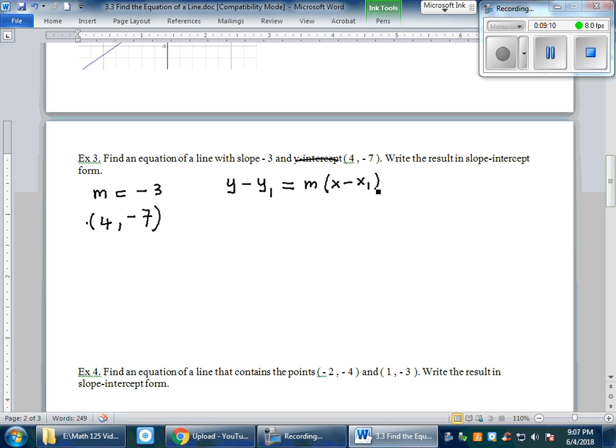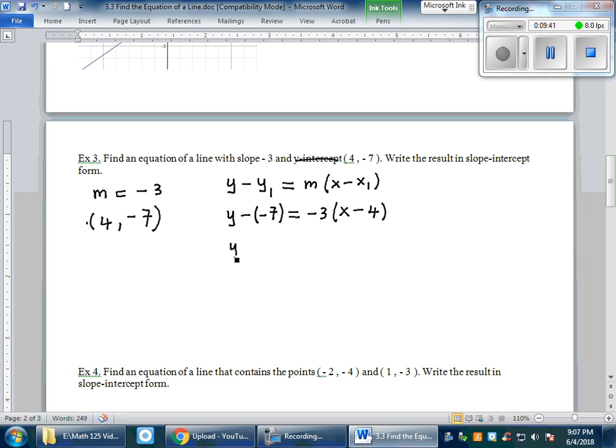Then we're going to plug in the information. Y minus my y sub 1 will be negative 7, equal to negative 3 times x minus my x sub 1, which will be 4. And we want to put the result in slope-intercept form, so we're going to have to simplify and write it as y equal to mx plus b format.